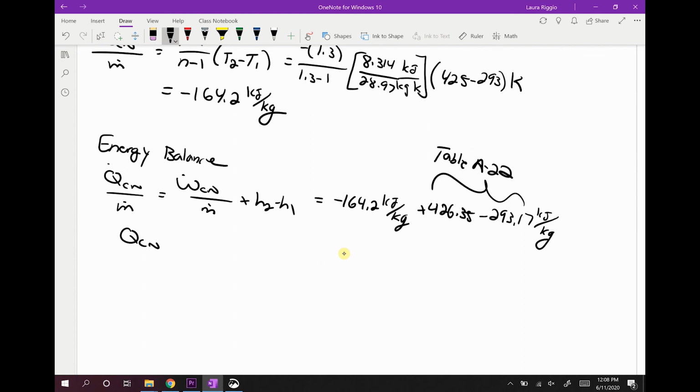We get that our heat transfer per unit mass is equal to minus 31 kilojoules per kilogram.